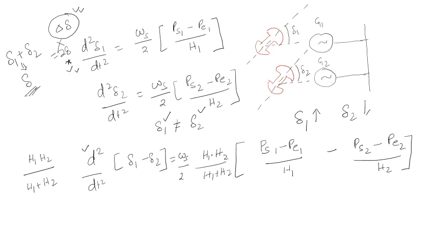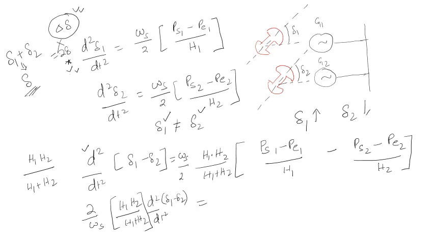Now what happens with the multiplication is that if you take it inside, you will see the change. So I can write again 2 upon omega s, h1 h2 upon h1 plus h2, d square upon dt square. So this is my equivalent, delta 1 minus delta 2.